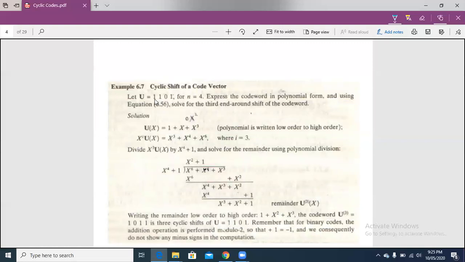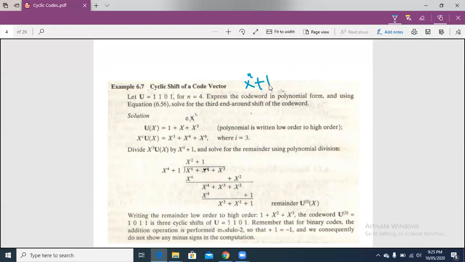Suppose we have a code word 1101, and here the value of n is 4. It means that we are dividing by a polynomial of order n, which is x4 plus 1.